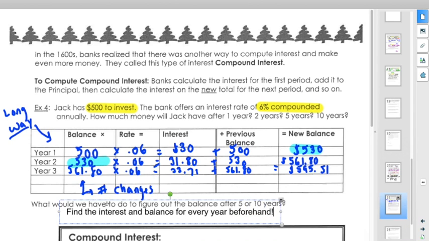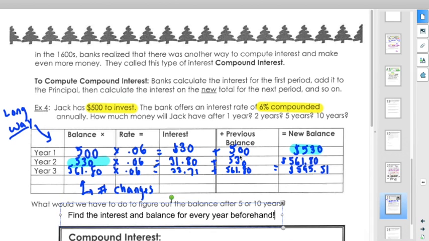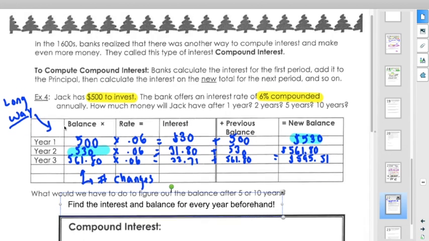Right? Because whatever the principal is, that has to be the new principal for year 2. Whatever your new balance is, that has to be the new principal for year 3, and so on and so forth. We can't skip any years. So this is why I said this is the long way.